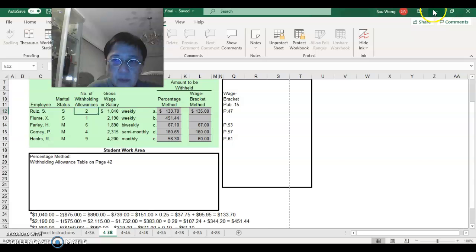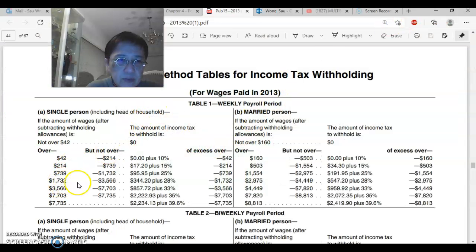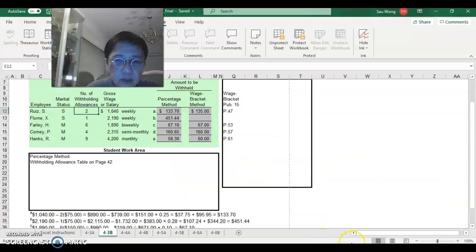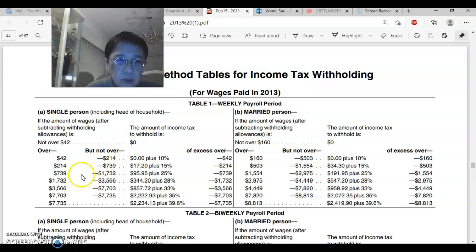So $1,040 is between over 739 but not over 1,732, because he's only paid $1,040. So it's between 739 and 1,732. We take $95.95 plus 25% of the excess amount.